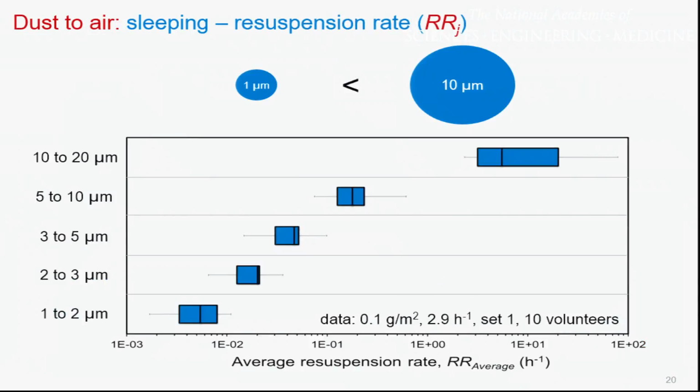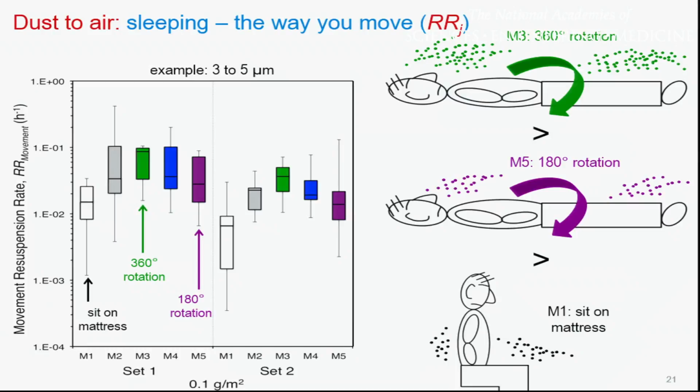Here we also characterized the resuspension rate. We found, as in other studies, that resuspension increases with particle size, and this is generally because the magnitude of removal forces, such as aerodynamic lift and drag and surface vibrations, increases with particle size. Interestingly, we found that the body mass of the volunteers had very little impact on the resuspension rate.